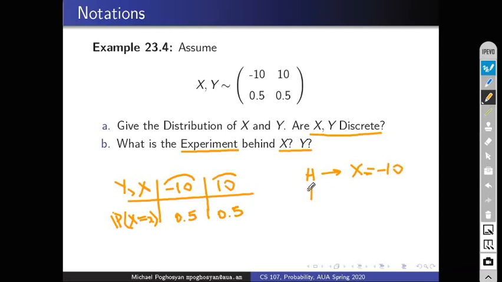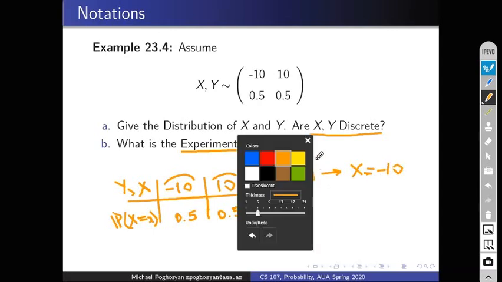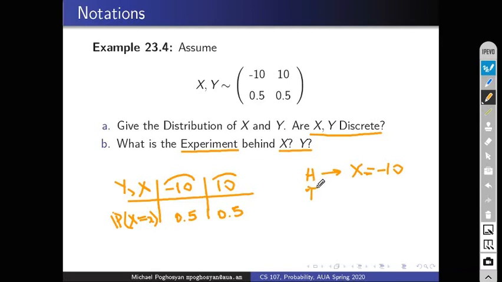If tails is shown, then x is equal to 10, so I'm getting $10. What about y? Well, maybe y is equal to x, the same x. Or maybe y is equal to minus x. Or maybe y is something completely different, defined on a different experiment.